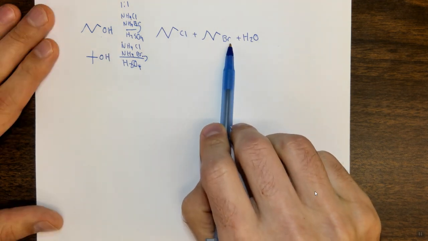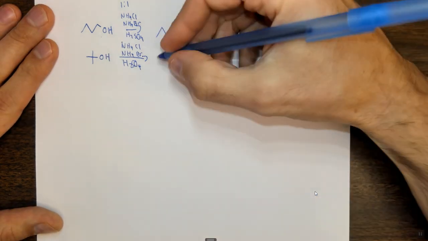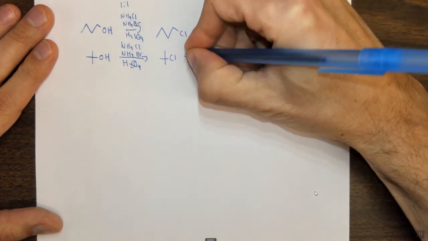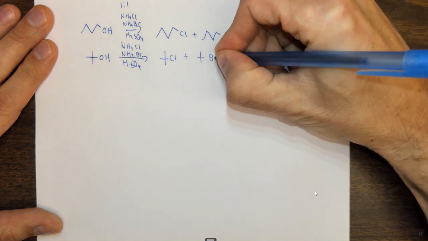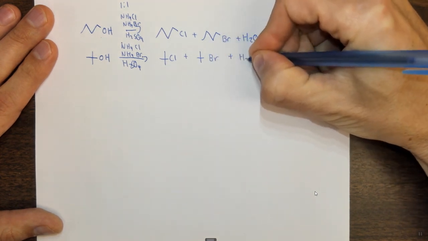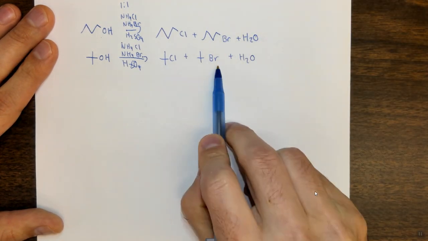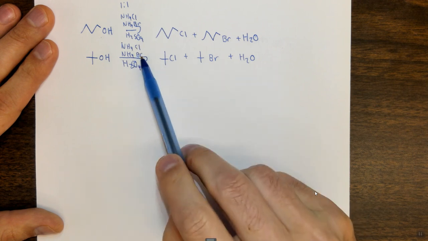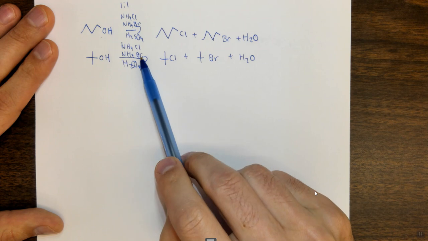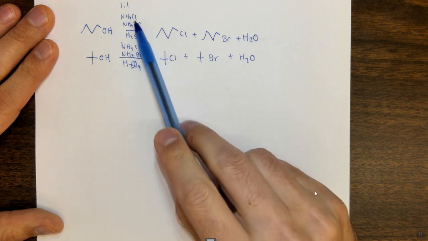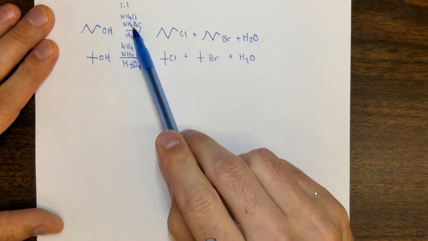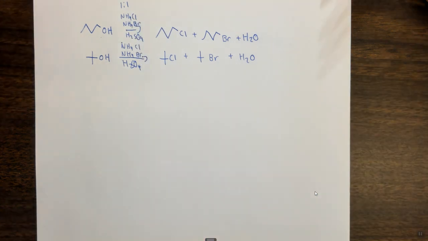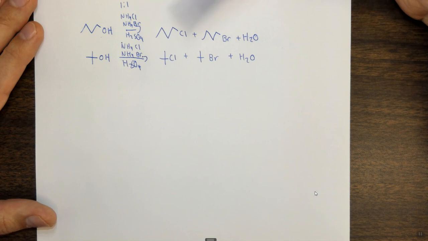And in the bottom case, believe it or not, we're actually going to get the same thing. We're again going to get the chloro and the bromo substitution, because we've added a 1-to-1 stoichiometric mixture of the chloro and the bromo. Notice that the 1-to-1 stoichiometric mixture is not the same mass of these compounds, because they have different molar masses. It's not the same mass, but it is the same number of moles.